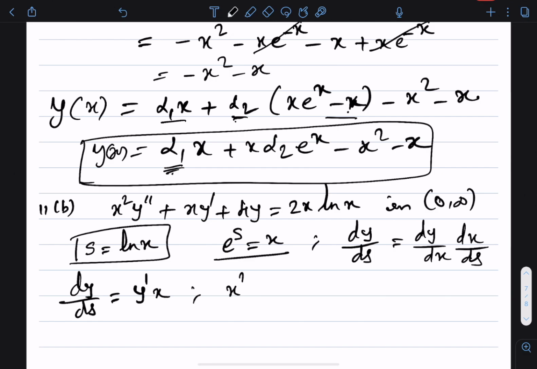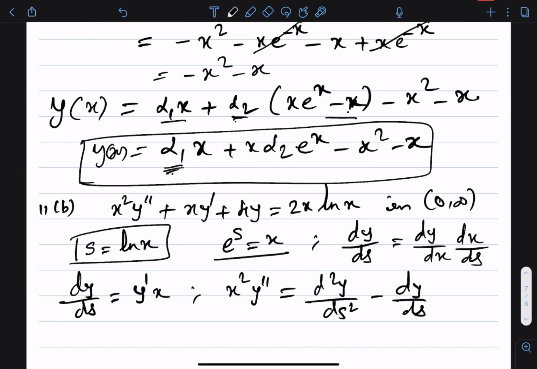Similarly, what is x square y double prime? We have done this in the lectures, right?